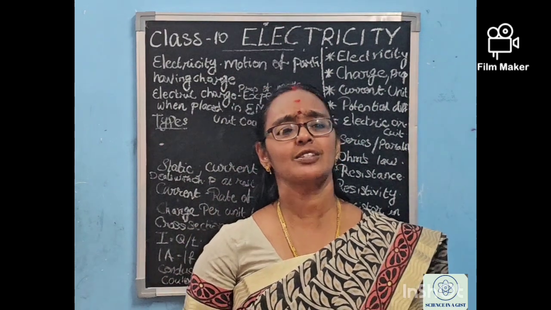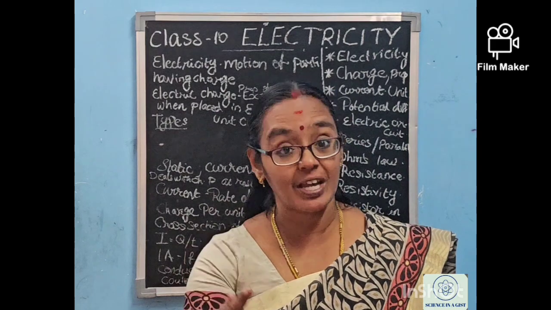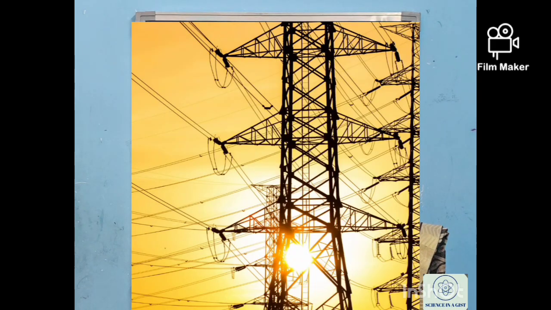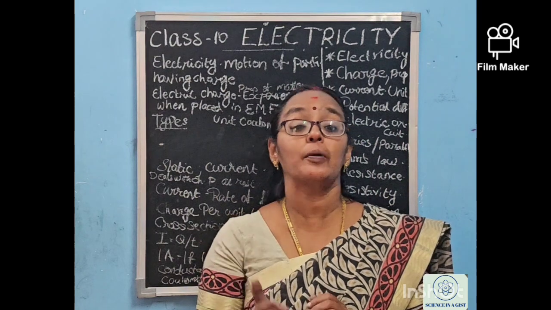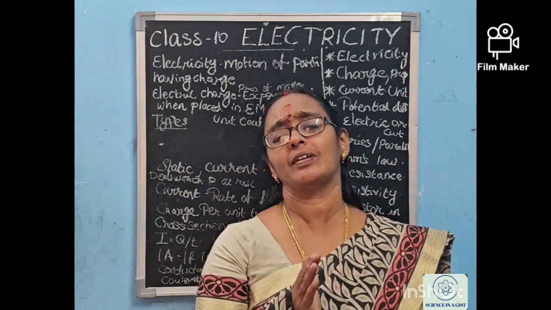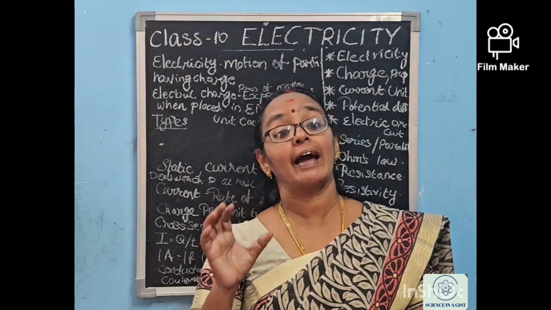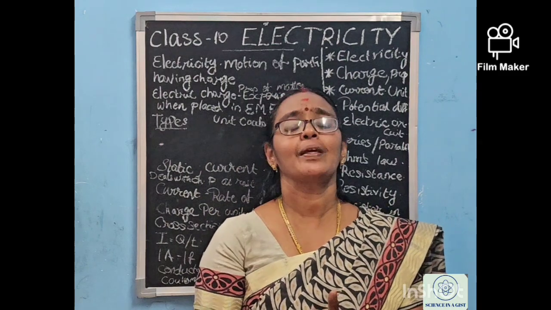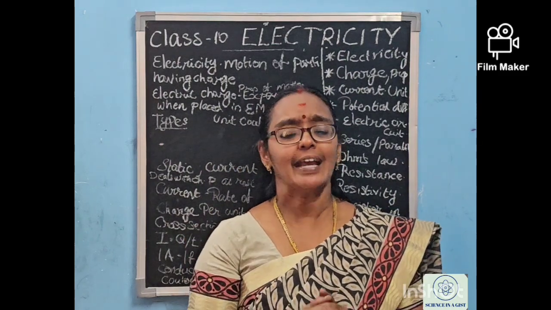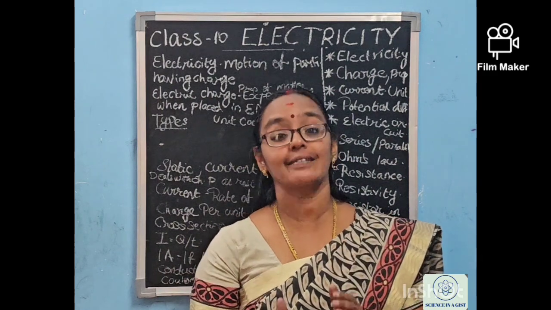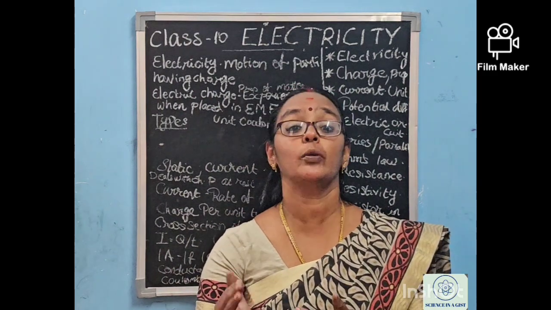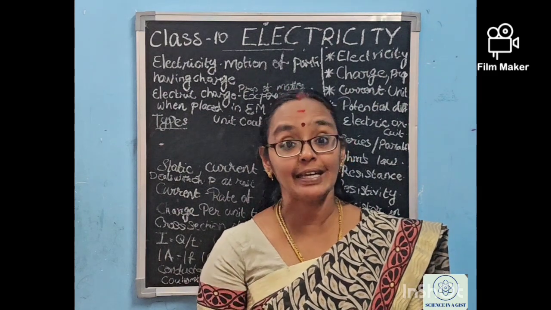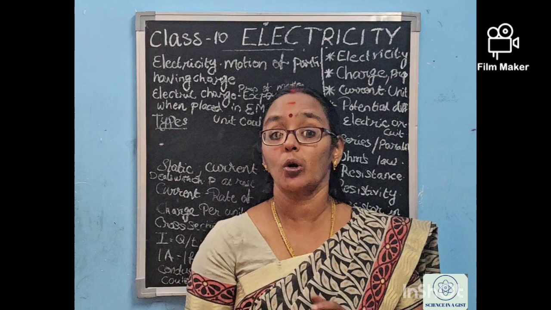Why is it so? Because of the specialities of electricity. The first and important point is, electricity is a convenient source of energy. Second, it can be transmitted to a larger distance with very little loss. And the third important point is, it can be changed from the electrical form to any other form very quickly, that is forms like heat or light or sound or motion.